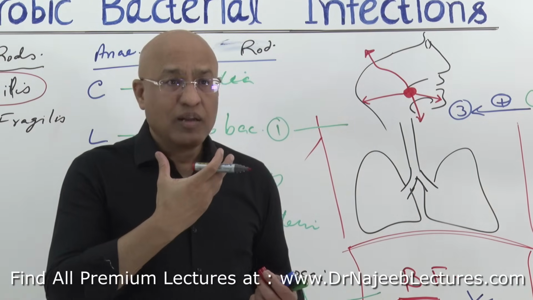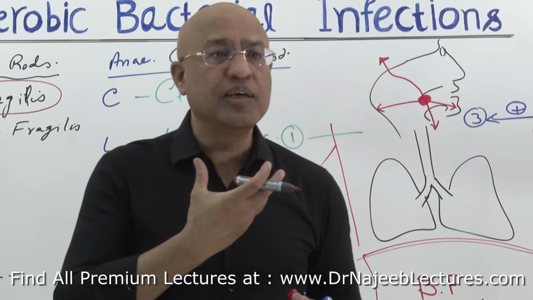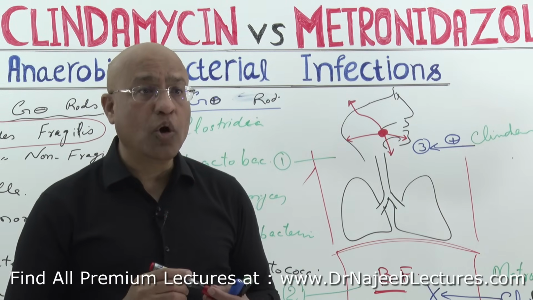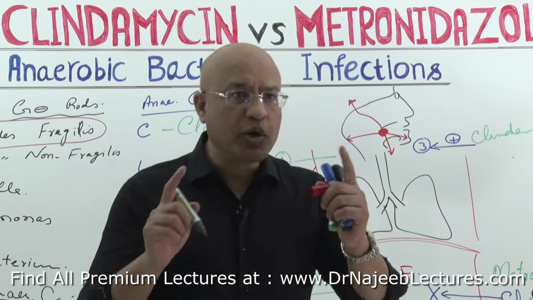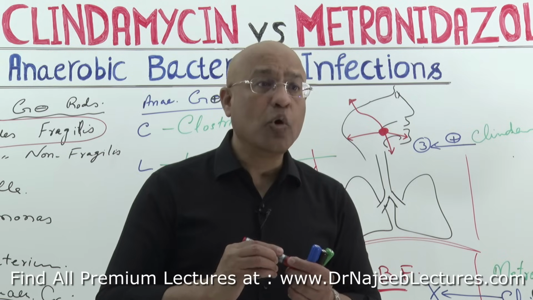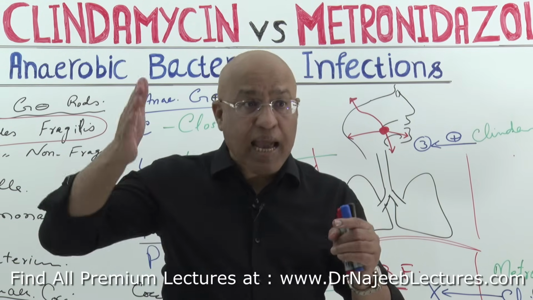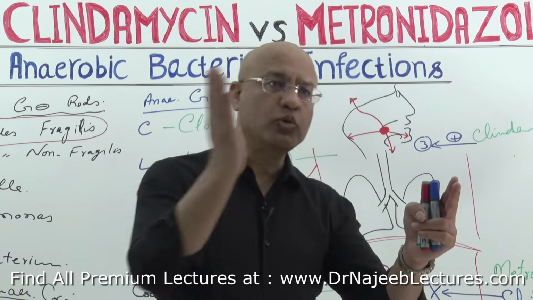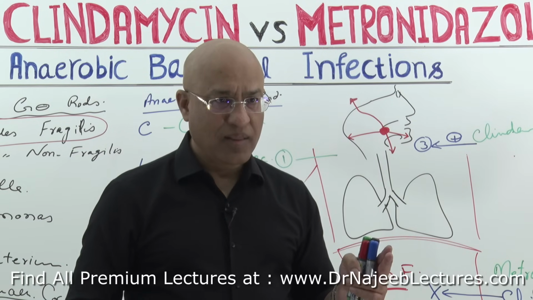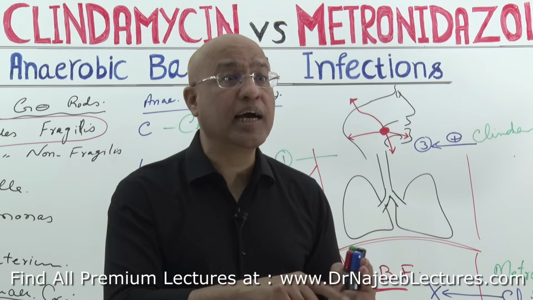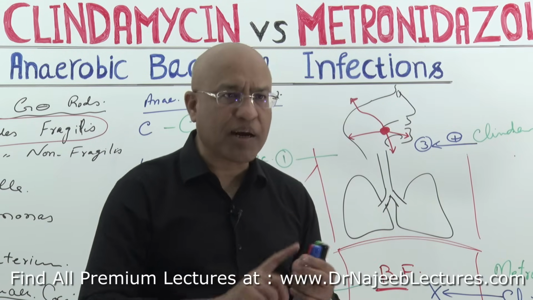There are a lot of anaerobic bacteria in the mouth and oropharyngeal area. You know the ratio of anaerobic to aerobic organisms in the oral cavity is 10:1. It means in the oral cavity, anaerobic bacteria are 10 times more than aerobic bacteria.